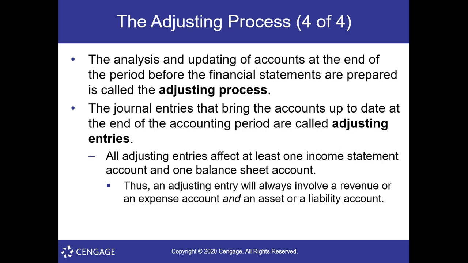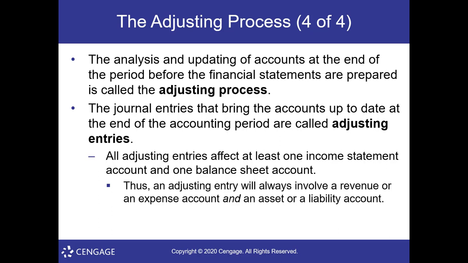So there is an adjusting process that goes through every time we need to produce financial statements. And the adjusting process is always going to affect at least one income statement account and one balance sheet account. So it will always have either a debit to an expense or a credit to a revenue.